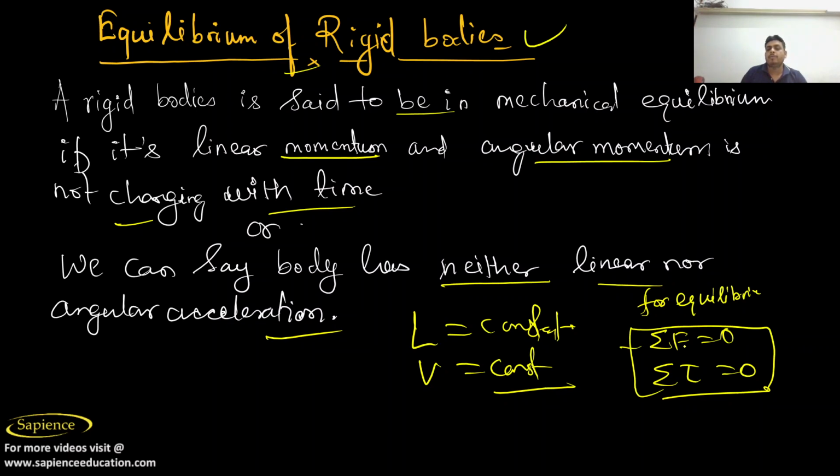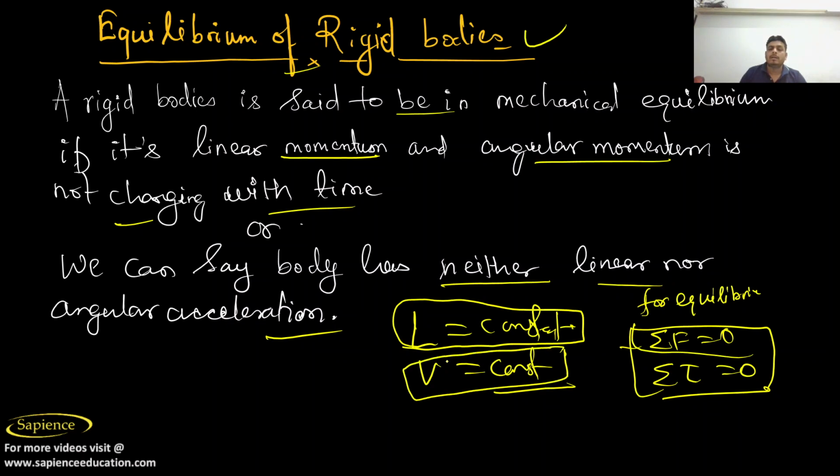If force is 0, then linear momentum will be constant, that is, p will be constant. And if torque is 0, then it means that angular momentum will be constant. Understood? So for equilibrium condition, these two formulas are very important.